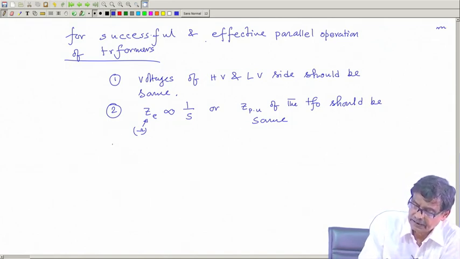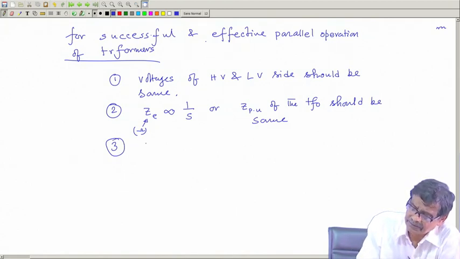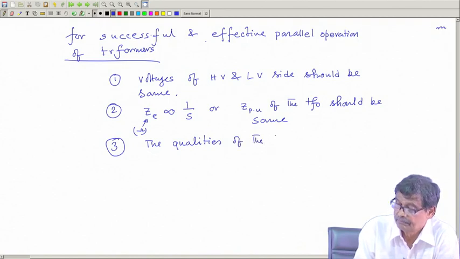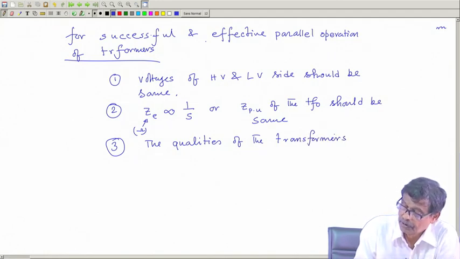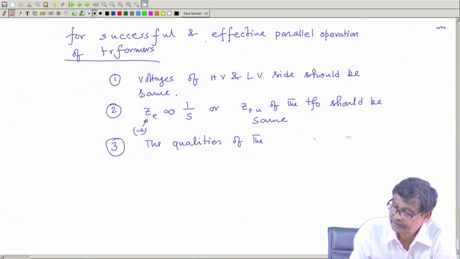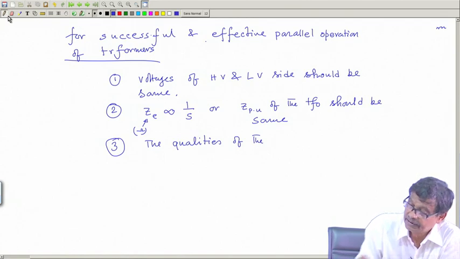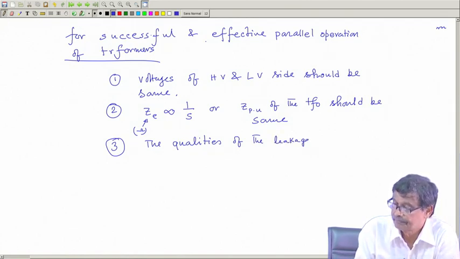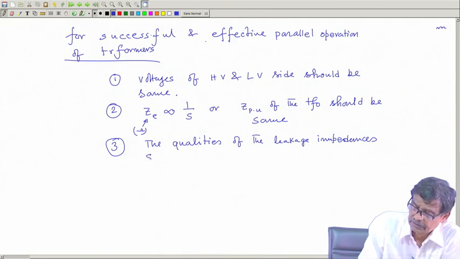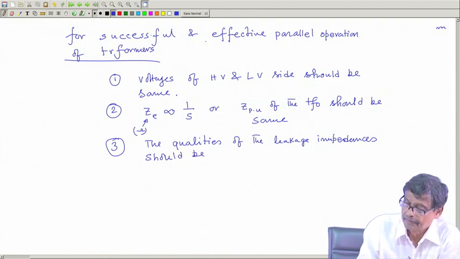Then the third condition, which is a desirable condition, is that the qualities of the equivalent of the leakage impedances should be same.